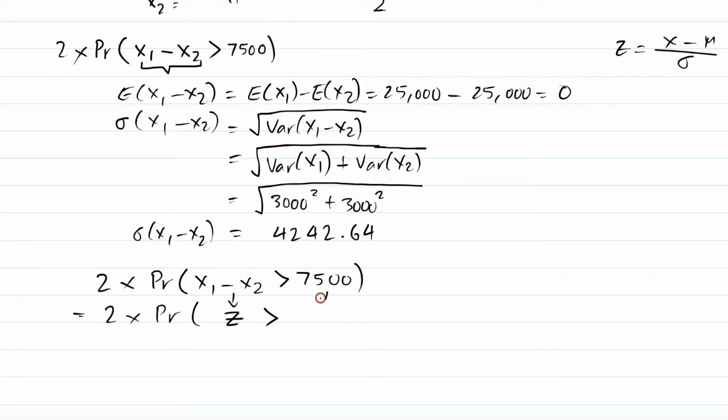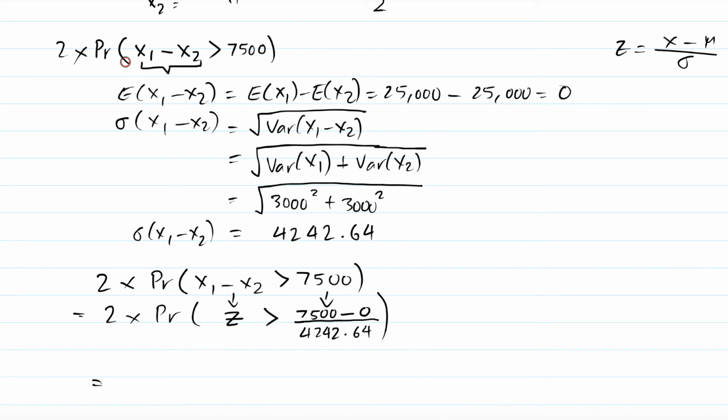Bigger than, we're going to change the 7,500 to the z value as well. So it's 7,500 minus 0, that is our mean, so that mean comes right here, divided by our standard deviation, which is 4,242.64, and you just chuck that inside your calculator, you should be able to solve for your answer.